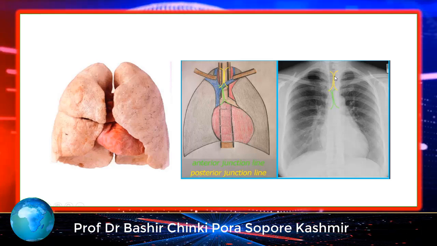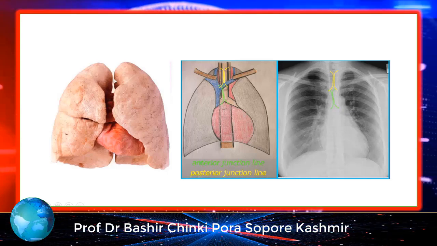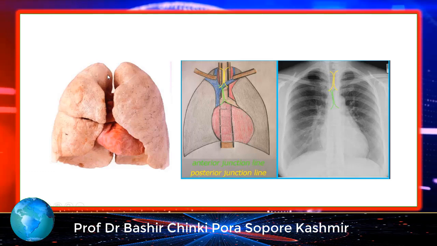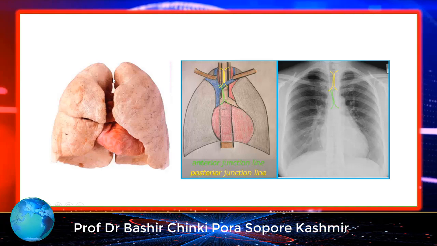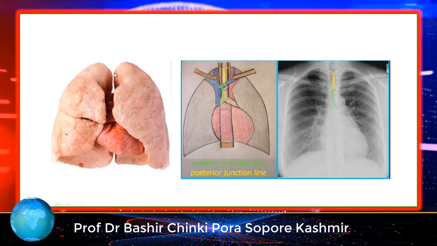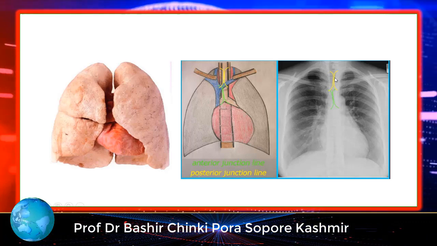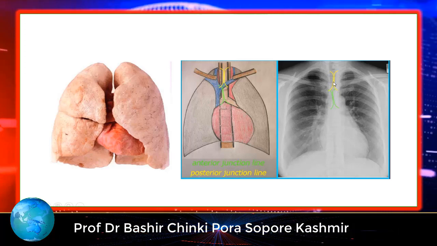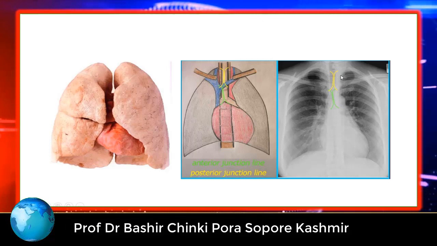But this is not absolutely vertical, it is slightly oblique. And posteriorly, as I said, this is the posterior junctional line, which is formed when the upper lobes come close to each other in front of the vertebral column and behind the esophagus. You can see it on the X-ray here, formed when the two lungs come closer to each other posteriorly.